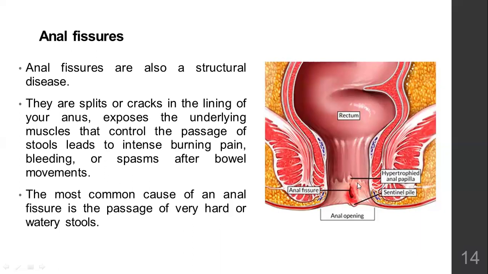Because of this split or crack, it exposes the underlying tissues to the passage of stool. So when the feces is passing through this area, the particles of the feces can get stuck here, and that could cause inflammation, infection.